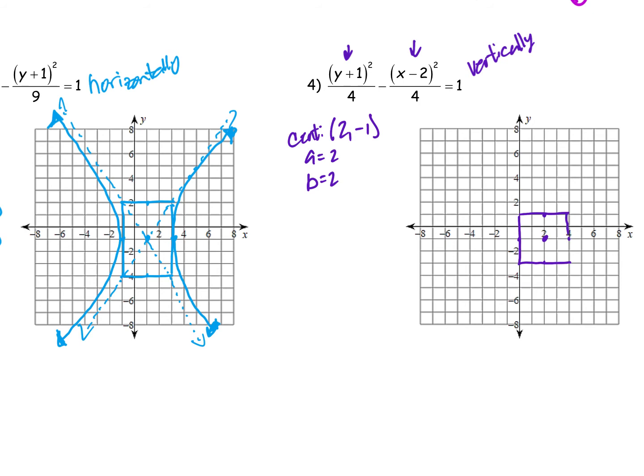So there's my rectangle, and my vertices are at (0, 1) and (0, -3). And then I'm at (4, 1) and (4, -3). Okay, so these asymptotes should be easy to draw because it's just up 1 over 1.